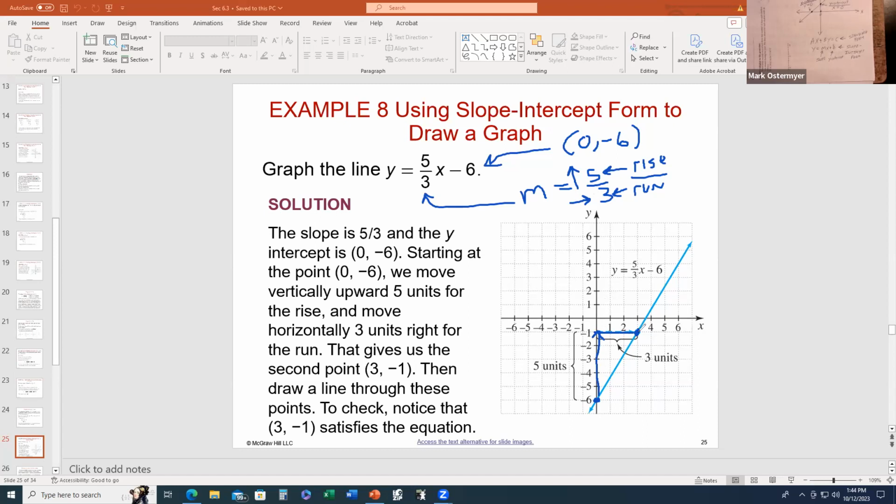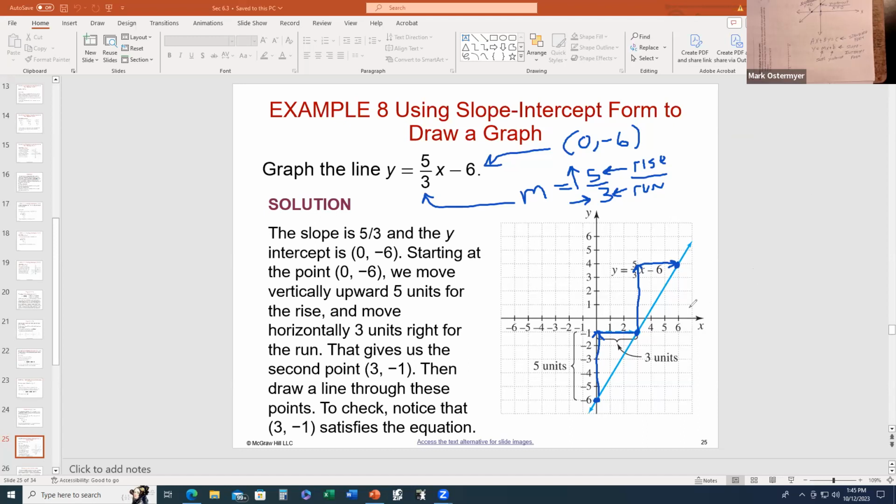And there you go. And I can do this again. I could go up 5 units, 3 to the right, and plot another point on my line. I could do this till the end of time. Up 5, over 3 to the right, plot point. Up 5, 3 to the right, plot point. Up 5, 3 to the right, plot point.